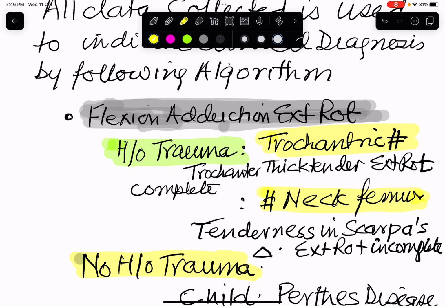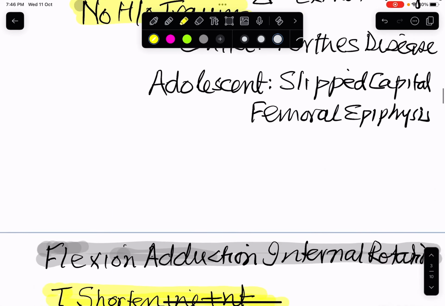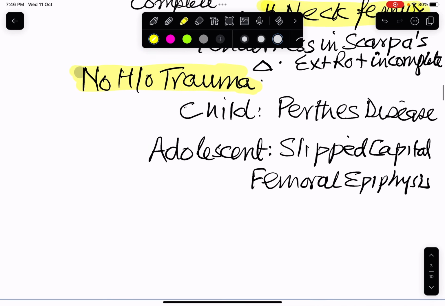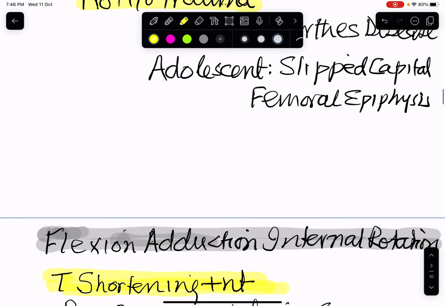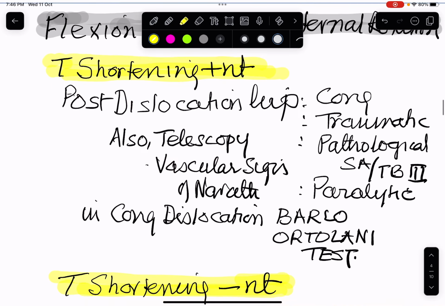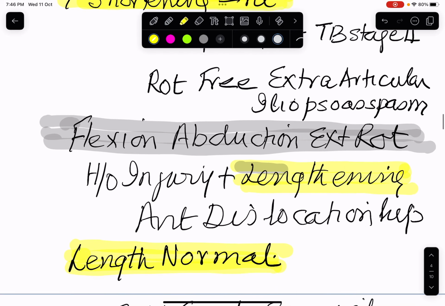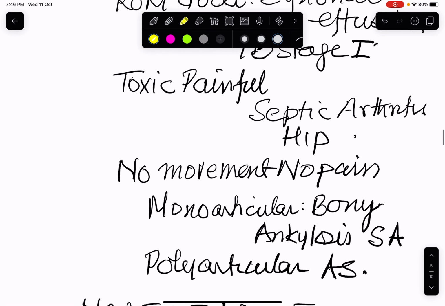You basically classify the case into flexion, adduction, external rotation; flexion, adduction, internal rotation; flexion, abduction, external rotation; and none of the above.